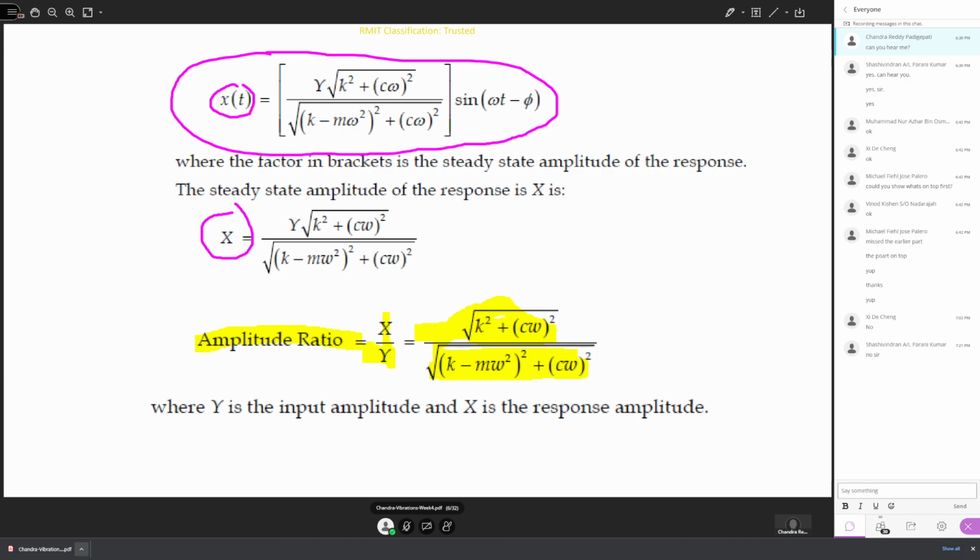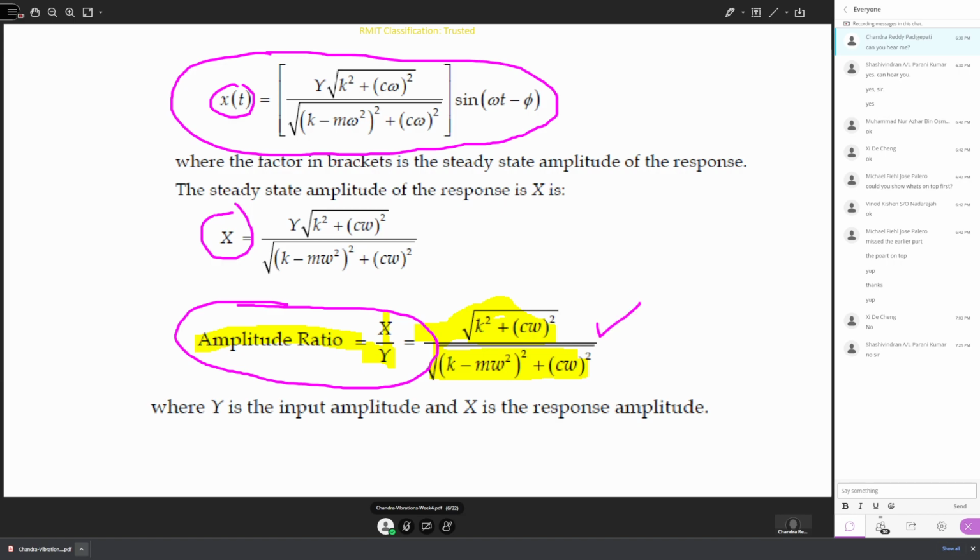And Y is the amplitude of the base. So now if you take the ratio of these two, you get the amplitude ratio x over y. So x over y can be simply written like this.